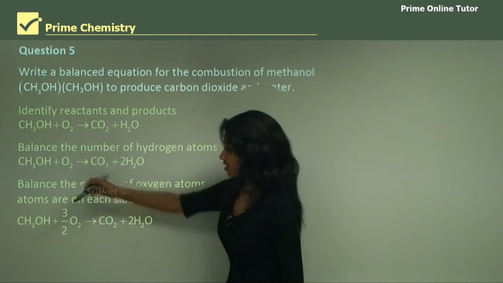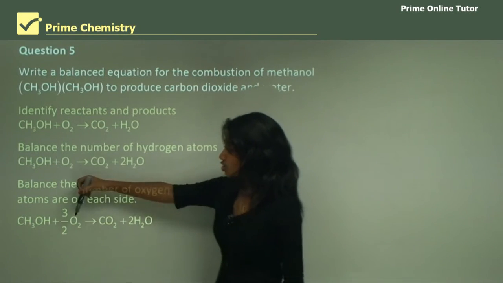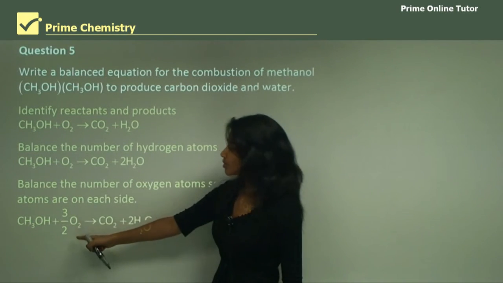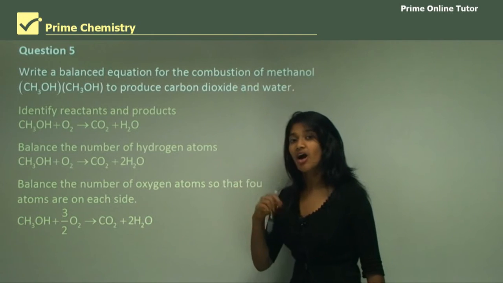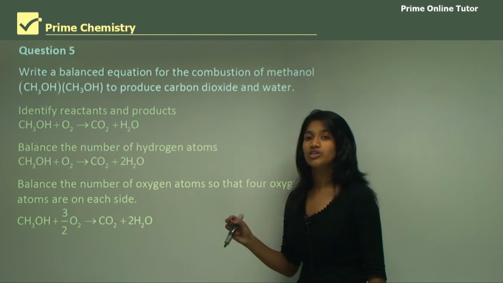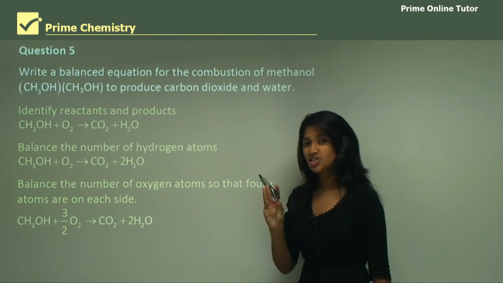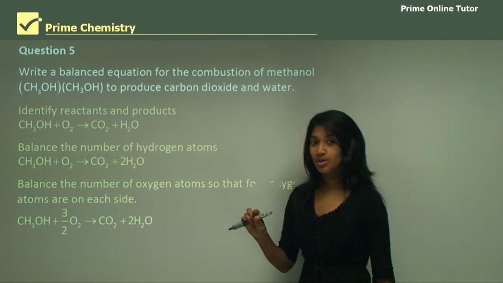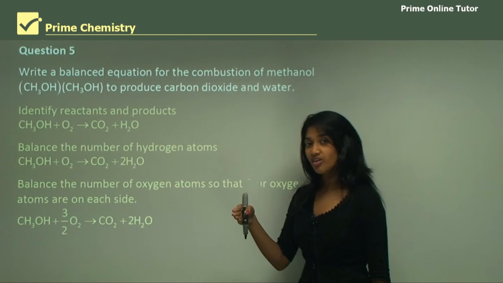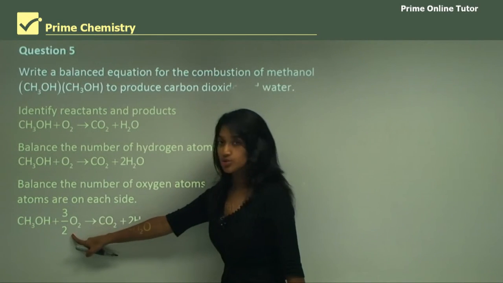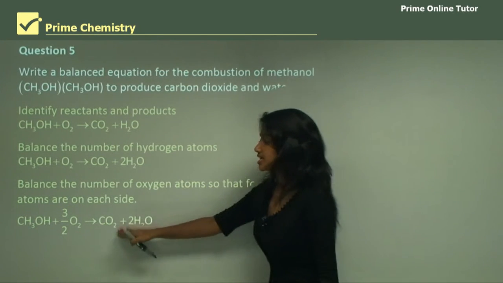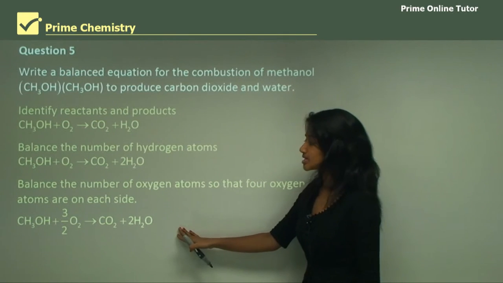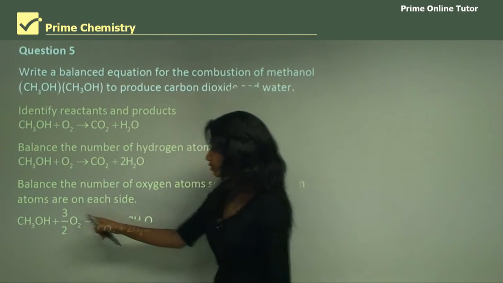Now that's the thing, when you're going to balance it, you would have a fraction coming along, because you only want 1.5 molecules of oxygen. In other words, you only want 3 oxygen atoms, but oxygen occurs in a molecule of 2. That means you would need 1.5, so you would write 3 over 2. Now this looks very tedious at the moment, so to make it more simple, you would times each molecule by 2.